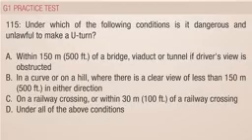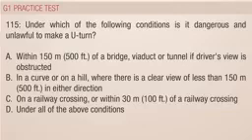Question 115. Under which of the following conditions is it dangerous and unlawful to make a U-turn? A. Within 150 meters (500 feet) of a bridge, viaduct or tunnel if the driver's view is obstructed. B. In a curve or on a hill, where there is a clear view of less than 150 meters (500 feet) in either direction.